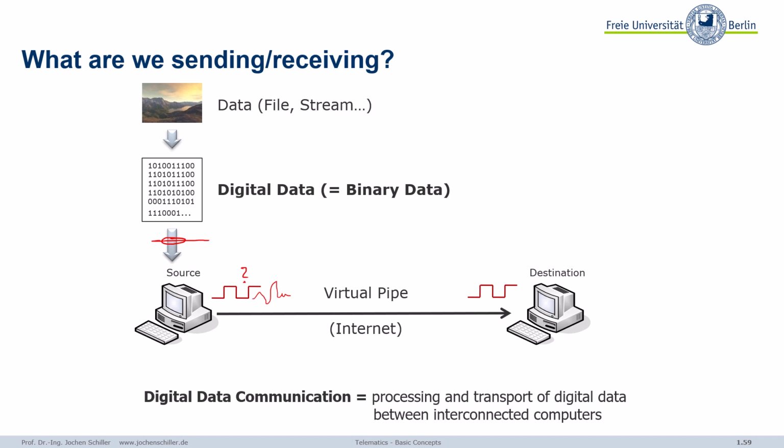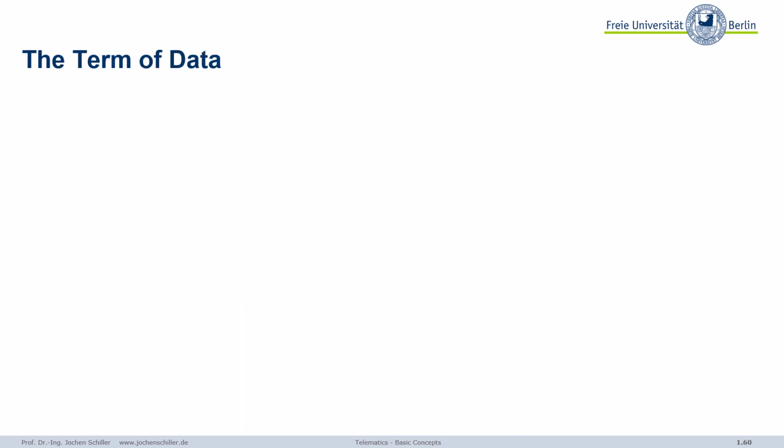So if we talk about digital data, well, what is data? Maybe you know or have a rough feeling so what data is, but let's be a bit more precise. The term of data. So let's start with an apple. What is an apple? So how can we represent this?